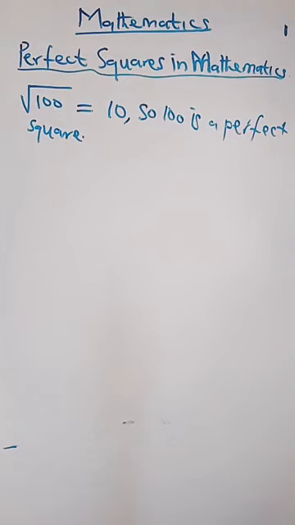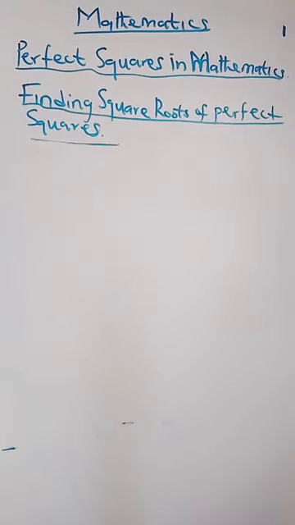Now, let's look at how we can find square roots of perfect squares in mathematics. How do we find the square root of perfect squares? Let's look at examples to help us. Examples.